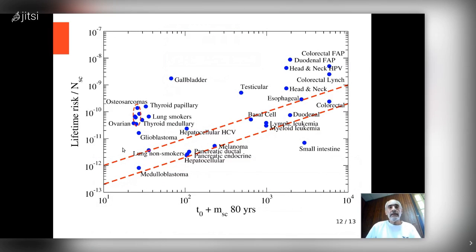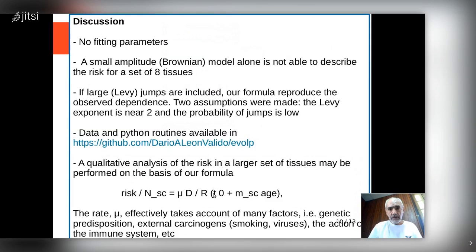This is a figure from the paper by Tomasetti and Vogelstein. First, we have a band of normal tissues. Notice that in that figure, the left hand side is risk, the right hand side is time, and the slope is this constant mu multiplied by d divided by r.